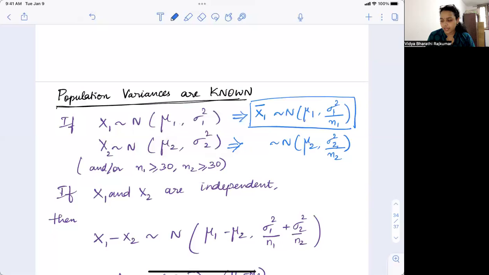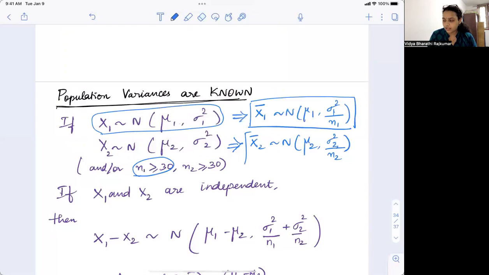So suppose the population random variable is x1, and that is normally distributed with mean mu1 and variance sigma square 1. If either the parent is normally distributed or we know the sample size is greater than or equal to 30, we can use the central limit theorem to identify the sampling distribution of the sample mean for that variable. Similarly, given another parent distribution x2, we could also write down the distributional expression for x2 bar.